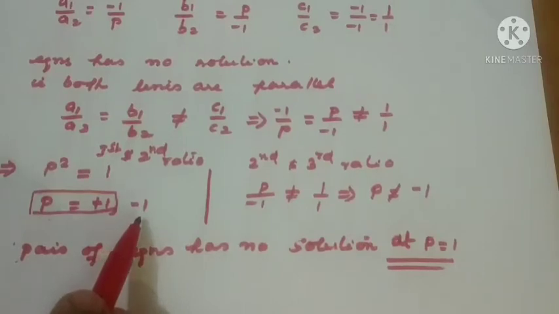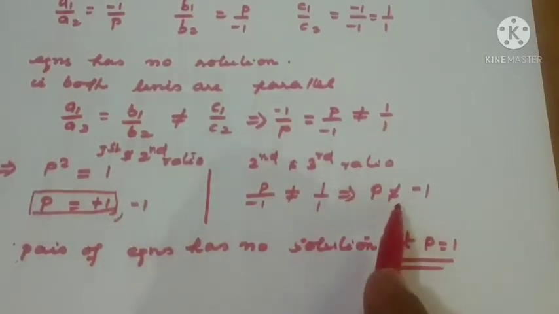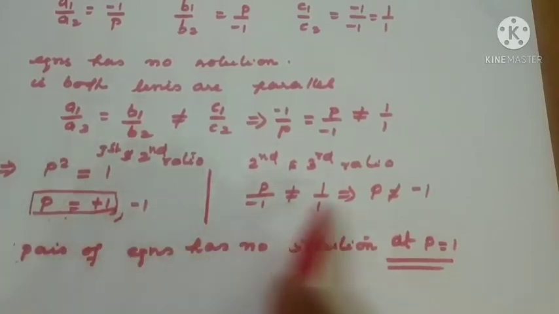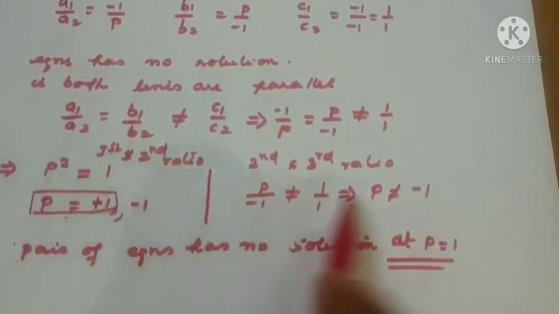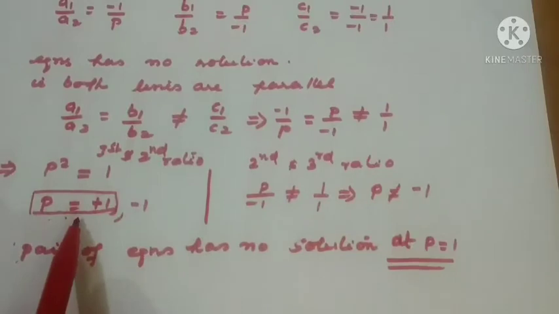Here we cannot go for minus 1. What is the reason? P not equal to minus 1 is already given. So which is the applicable value? P equal to 1 only. So the pair of equations has no solution at P equal to 1.